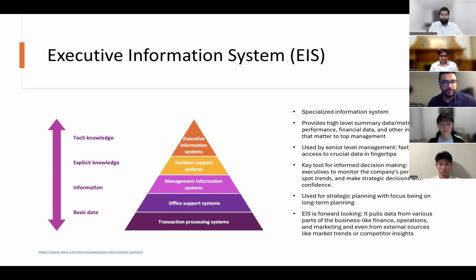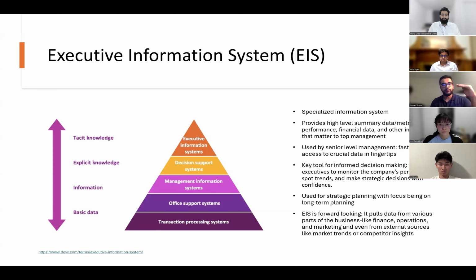It's EIS, the Executive Information System. Like you see on the screen, the pyramid shows, at the bottom, the TPS at the base. This is the transaction processing system. This system handles basic data.